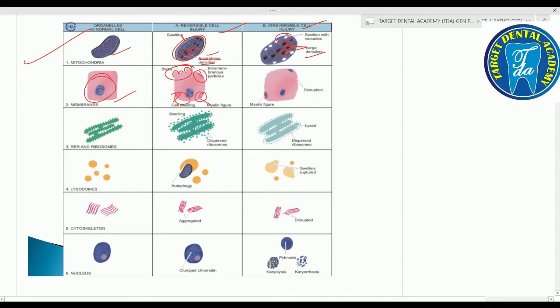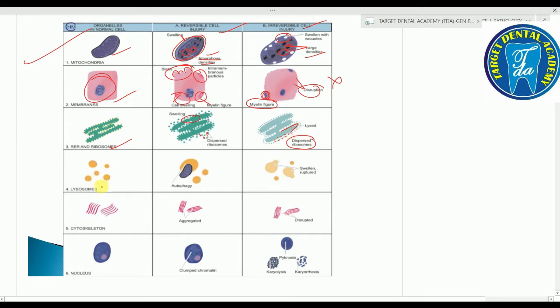In the irreversible cell injury, there are myelin figures and disruption, but no bleb formation. In the RER and ribosomes, in reversible cell injury there is swelling and dispersed ribosomes, while in the irreversible they are lysed and there are dispersed ribosomes.